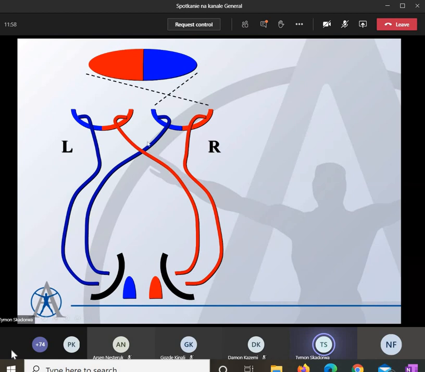As you may see, the fibers which cross are only the fibers from the nasal parts of both retinas, while the fibers from the temporal parts do not cross.